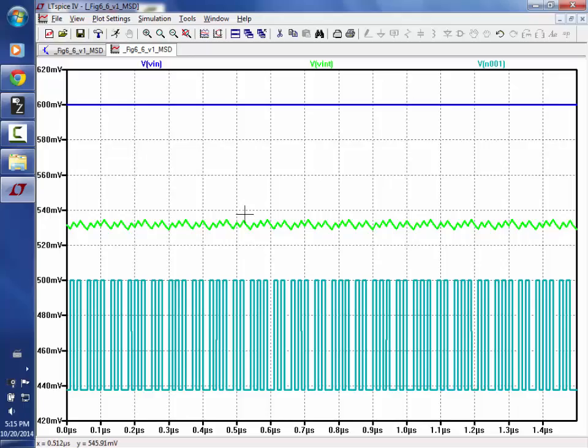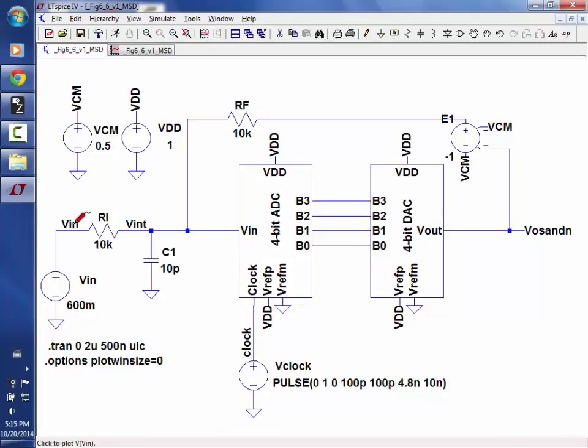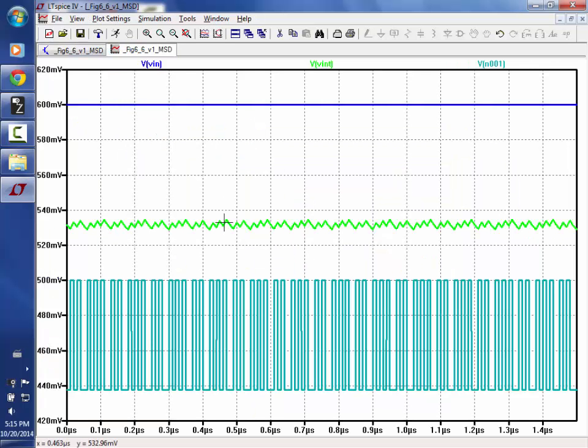This 600 millivolts minus this voltage is what? Divided by 10K. It'll make it even easier. It's the current through here, right? The current through here is this voltage minus this voltage divided by 10K. And they're equal. So when they're equal, nothing changes, even though it's wrong.